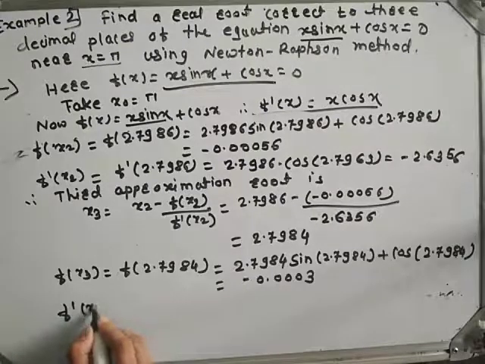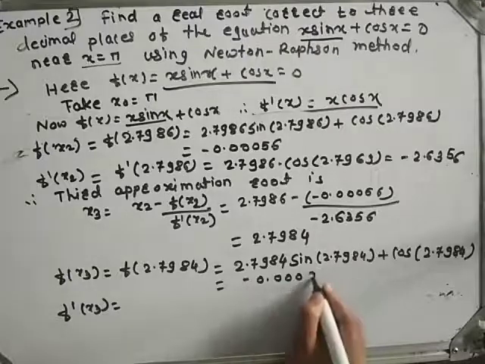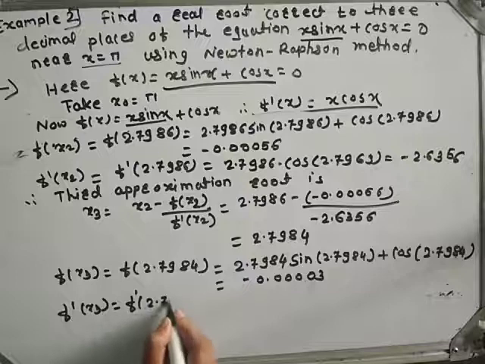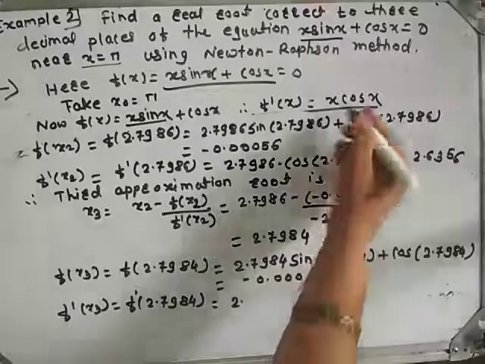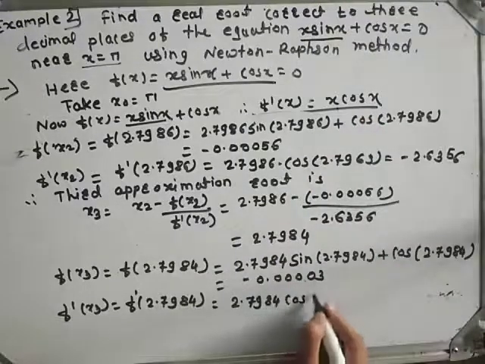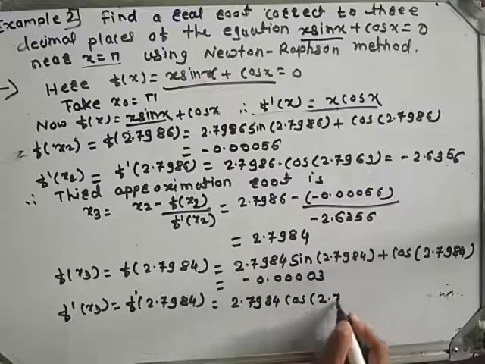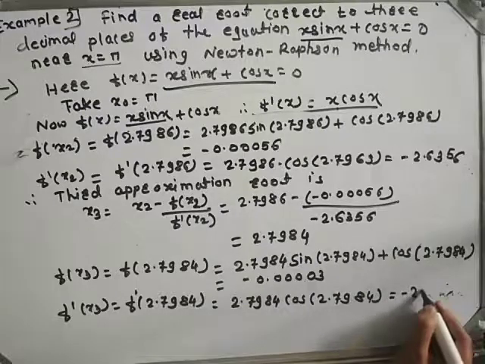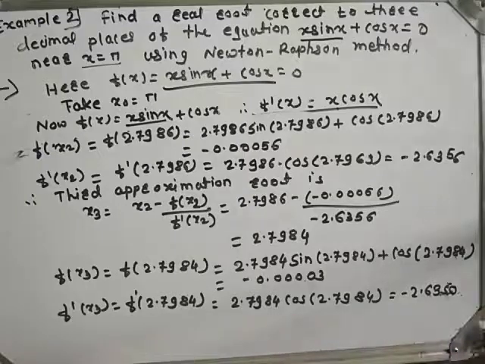Next, f dash of x3 is equals to f dash of 2.7984, which is equals to 2.7984 into cos of 2.7984, which is equals to minus 2.6350.